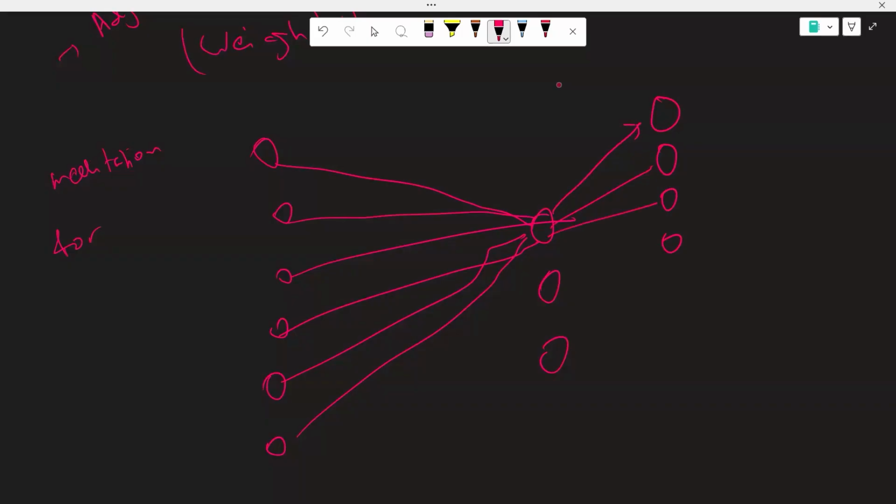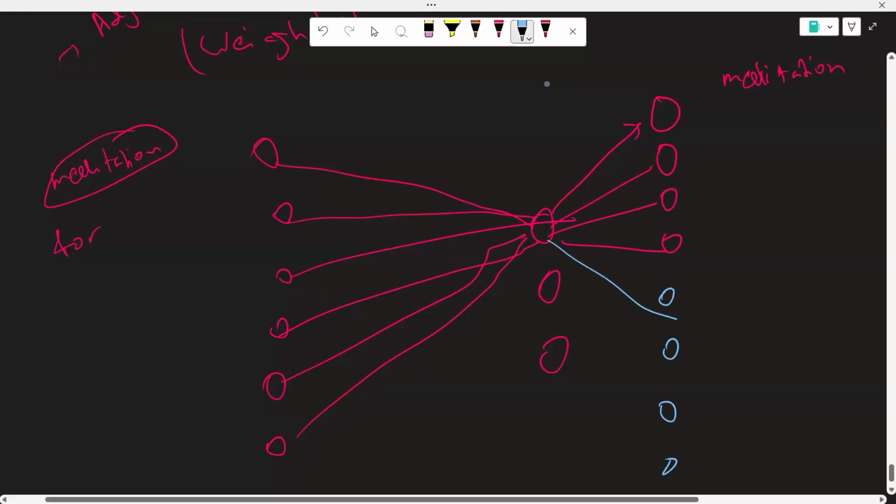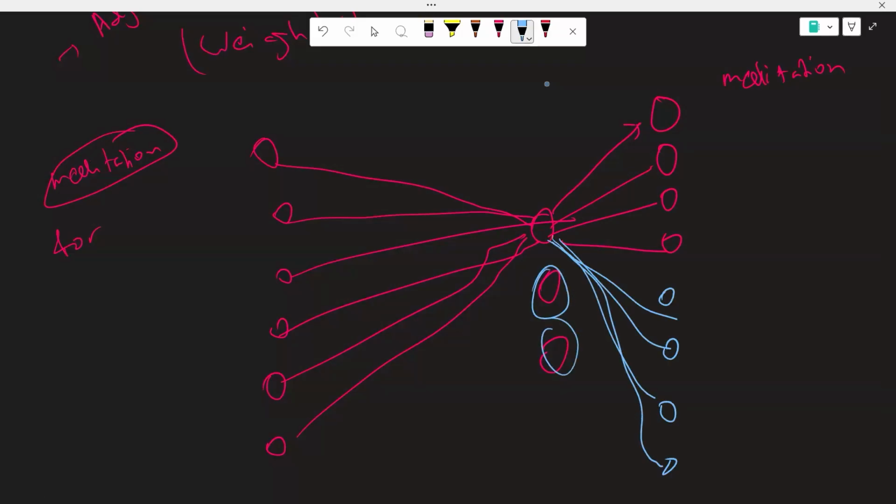Okay. This is a representation for meditation. Okay. Similarly, 4 neurons for the word for as well. So I'll simply add 4 neurons over here. 1, 2, 3, 4. Okay, and I'll connect this, and this. Okay. Same thing will be connected with this and this as well. Right? This is for for.